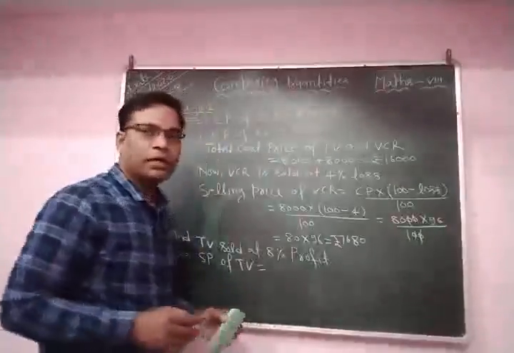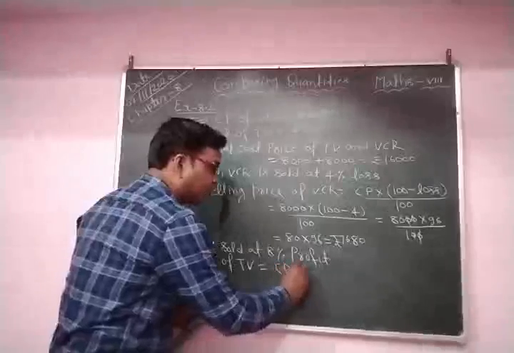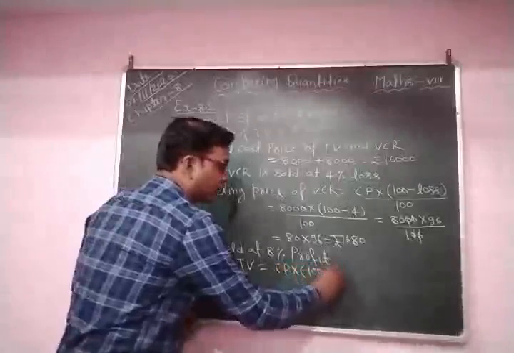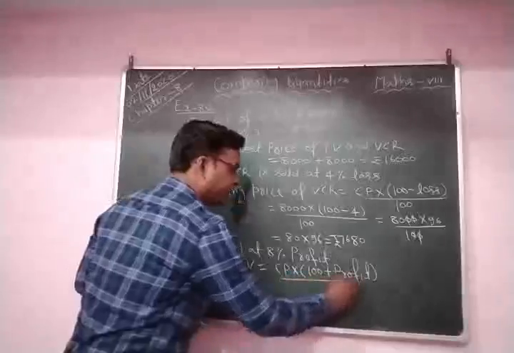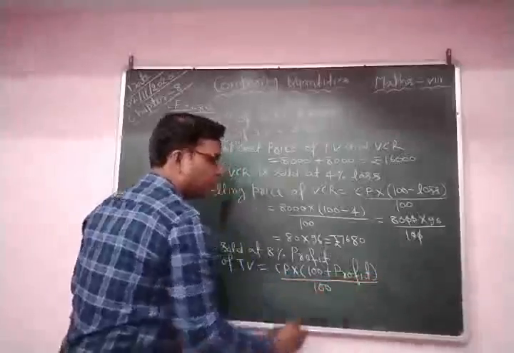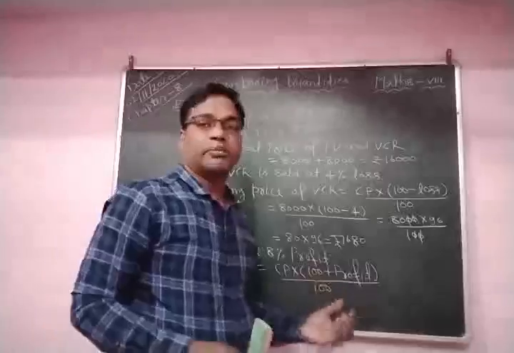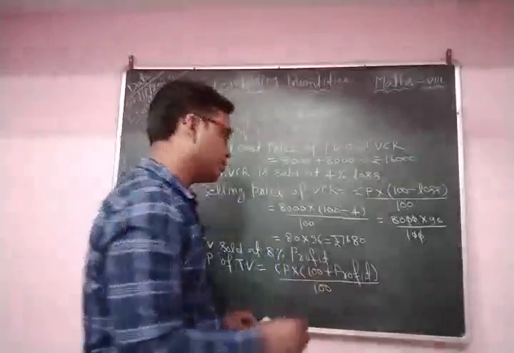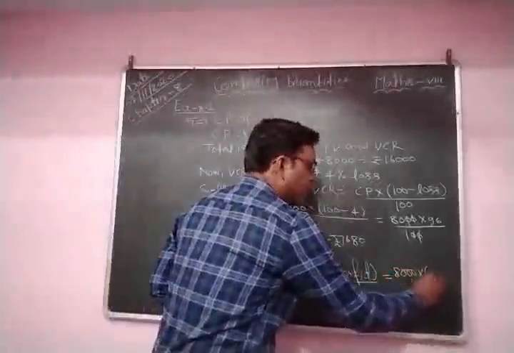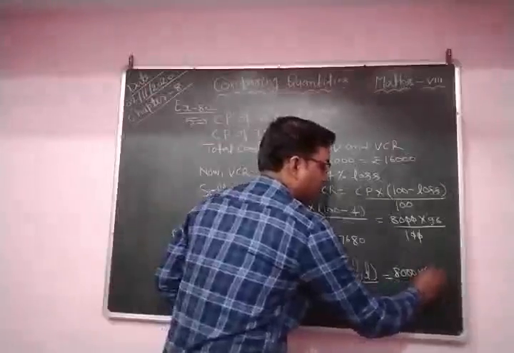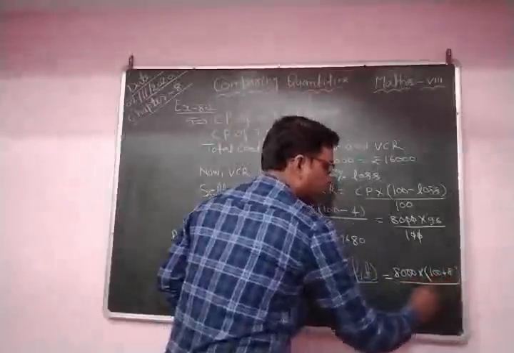So what is the formula to find selling price? It is equal to cost price into (100 plus profit) by 100. This is the formula to find selling price if cost price and profit are given. Here cost price is 8,000 into (100 plus 8) by 100.